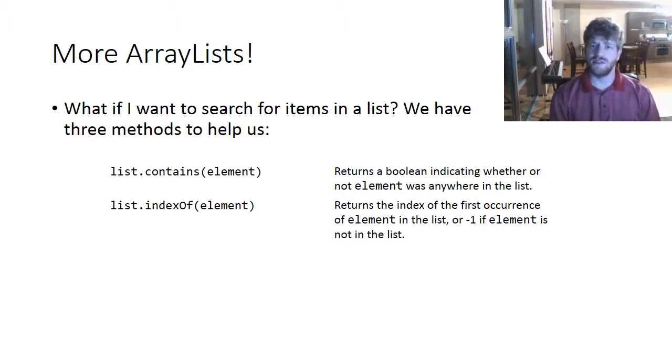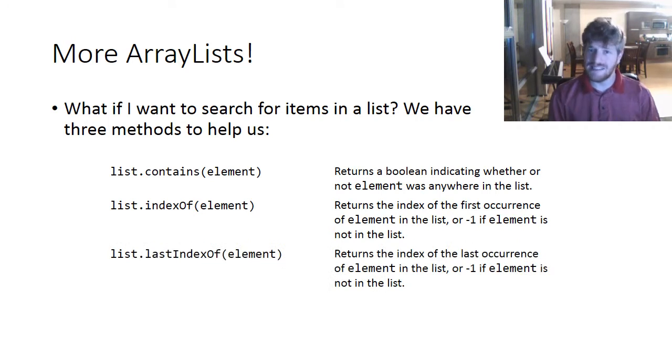Finally, similarly to indexOf, lastIndexOf returns the index of the last occurrence of an item in a list. So keep in mind that a particular item might occur several times in a list. IndexOf will give us the first index, and lastIndexOf will give us the last index. And once again, it will return -1 if the element is not in the list.